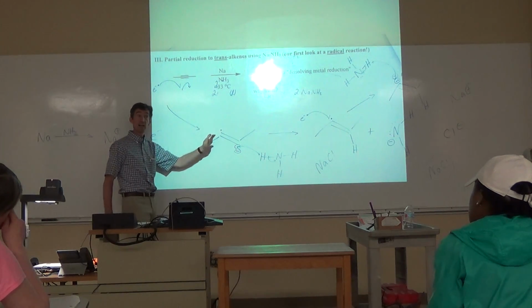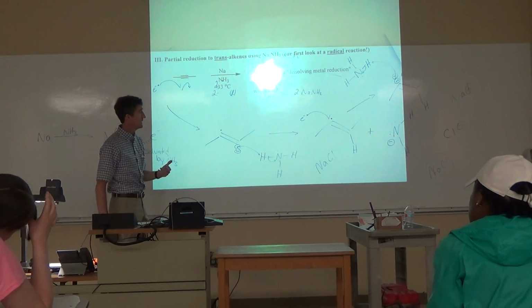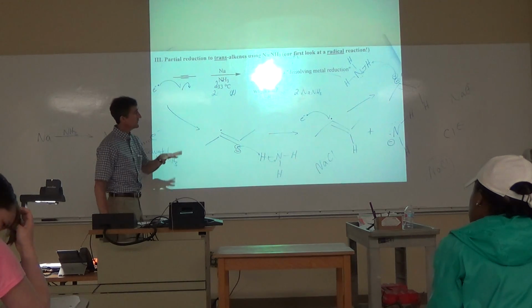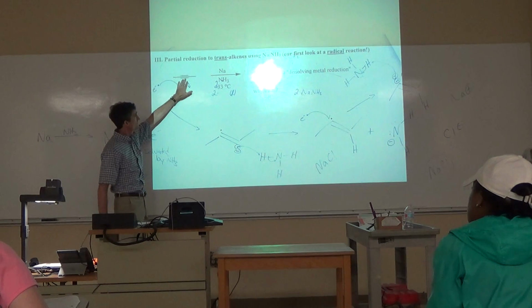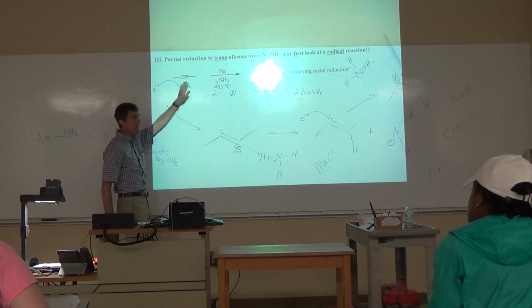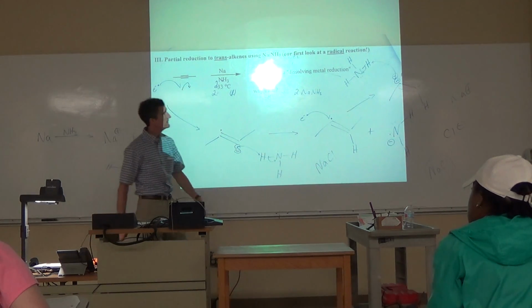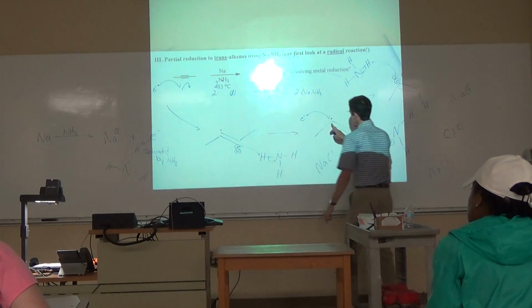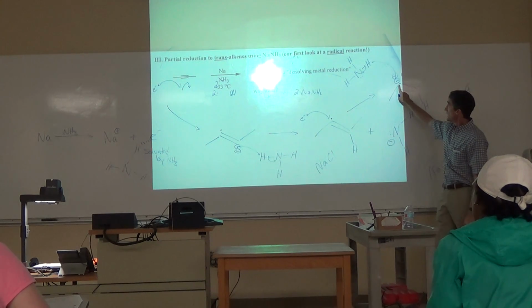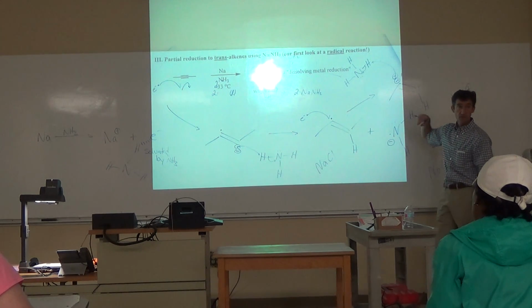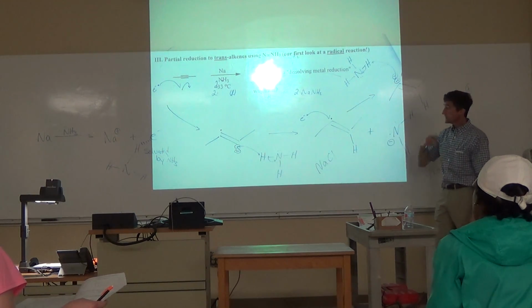We generate, in contrast to an ionic mechanism. Now there are ions on the board, but did the organic molecule ever, actually it did become an ion, didn't it? Yeah. Okay. So this is actually a mixture of radical and ion. Some mechanisms may be only ions, and that's all the ones we've done before. They were not radical, they were only ions, or neutral. This is both. Some mechanisms may be only radical.